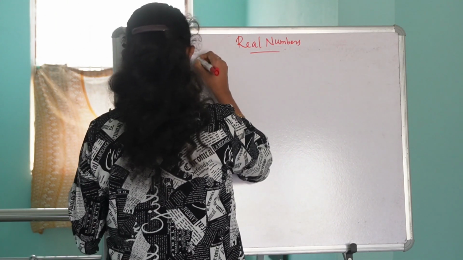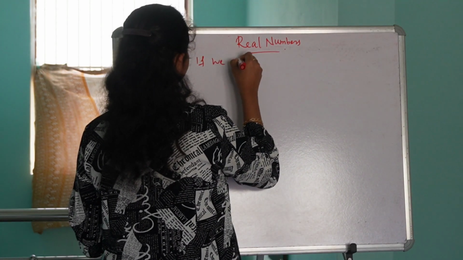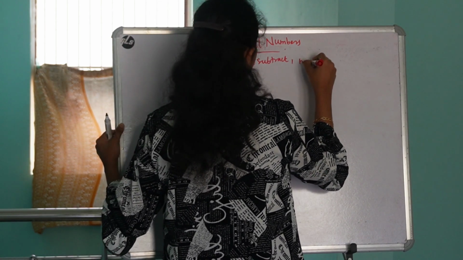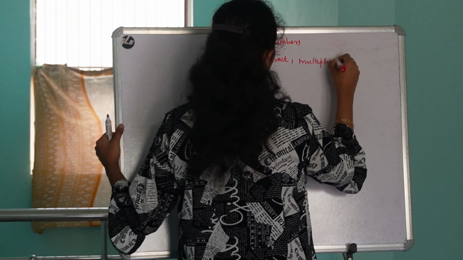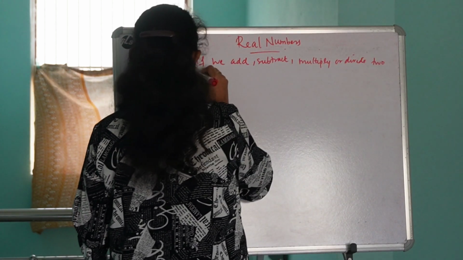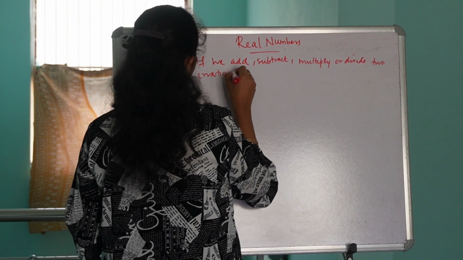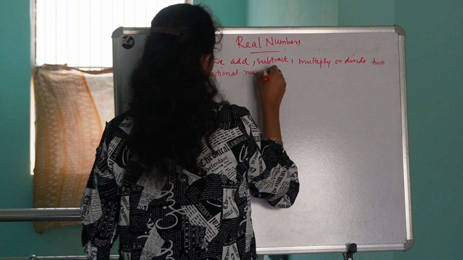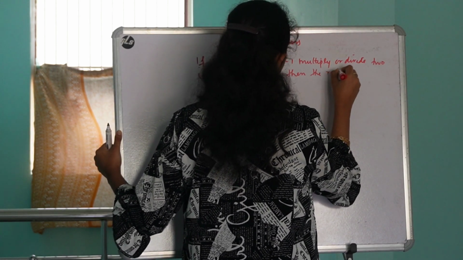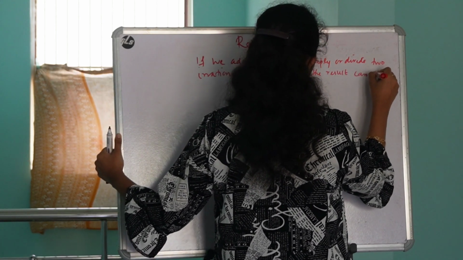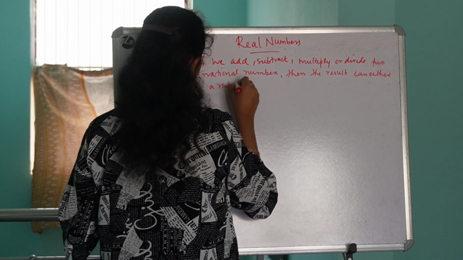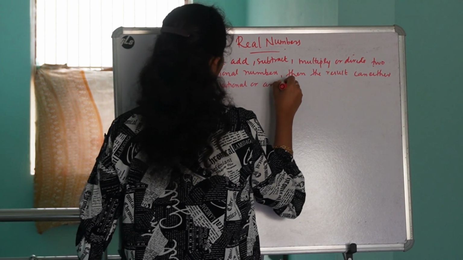Let's see. If we add, subtract, or multiply, or divide two irrational numbers, then the result can either be a rational number or an irrational number.